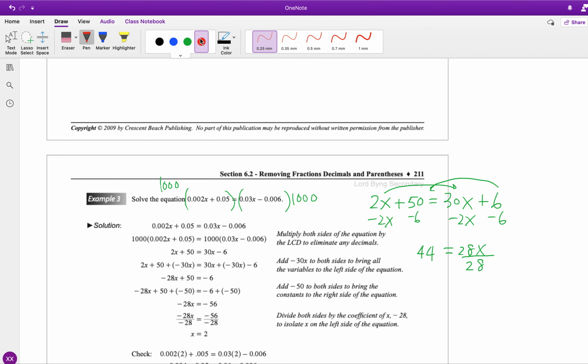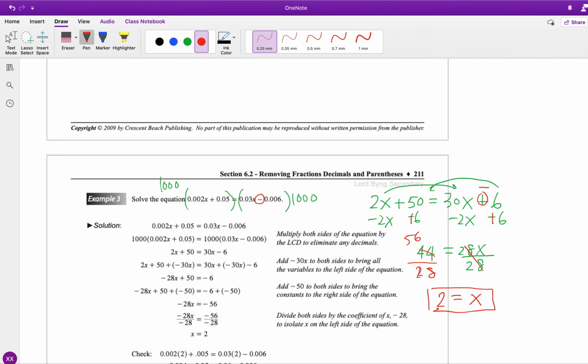See, this question starts from negative, and I did a positive. No wonder. If you subtract a negative, it should be positive, therefore this should be 56. All right, now divide by 28 on both sides, and therefore my x equals 2. And I found my solution.